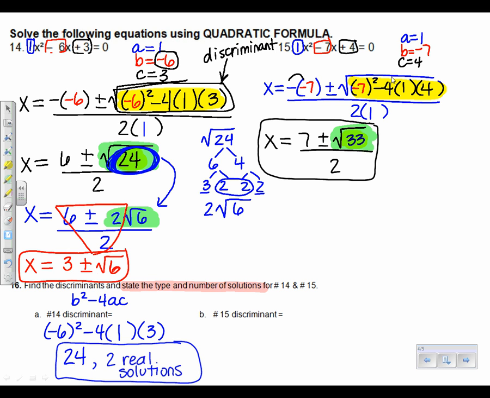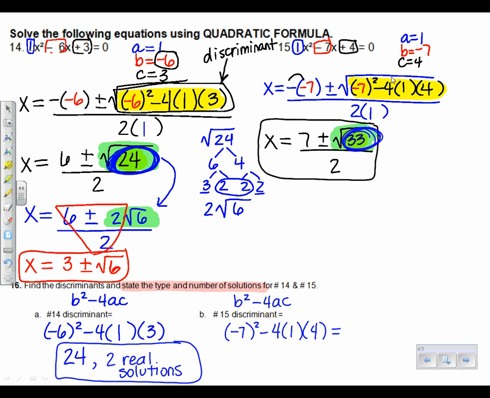Number 15's discriminant, I calculate b squared minus 4ac. From number 15, my b was negative 7, my a was 1, my c was 4. I type that all into the calculator, or I look back and I see, hey, we got 33 as our discriminant.